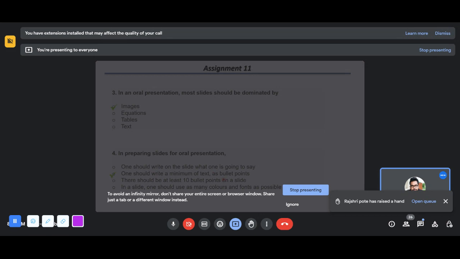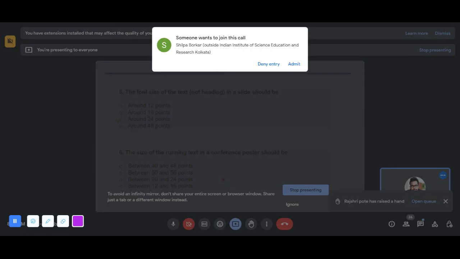Now I'm going forward. Next one is the font size of the text, not the heading, in a slide. It is usually accepted as 24 points. These are the general rules. Now the size of the running text in a conference poster should be between 20 and 24.